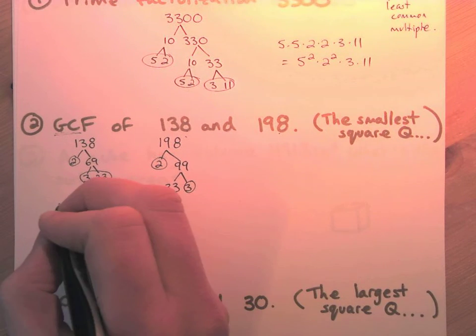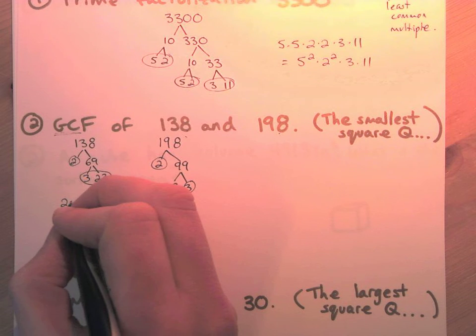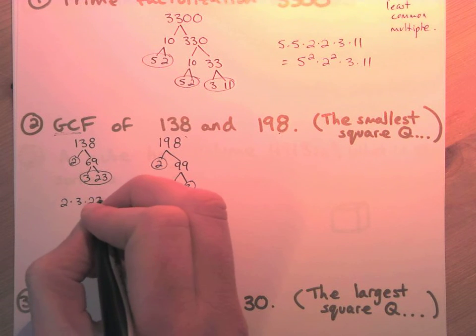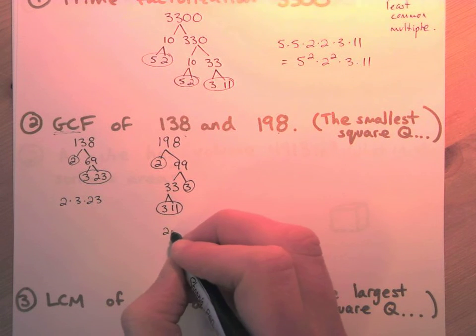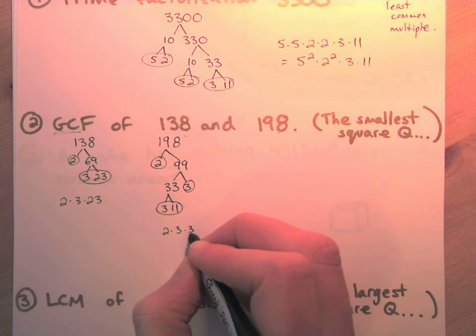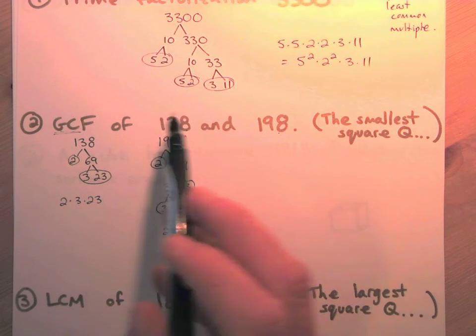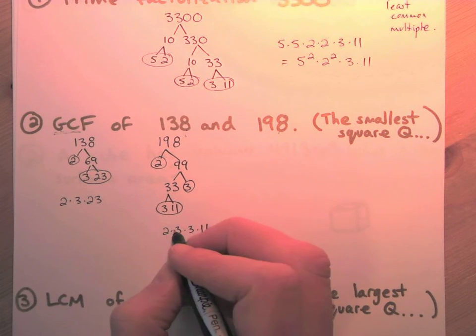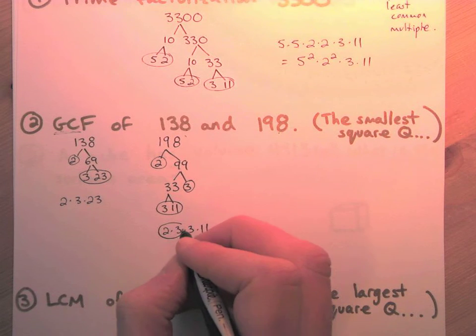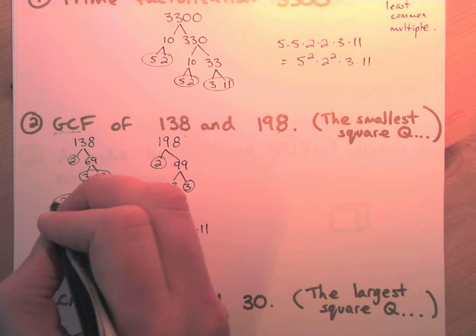Okay, so overall we have 2 times 3 times 23, and here we have 2 times 3 times 3 times 11. Your goal here for the GCF is to see which sets share the same numbers. Here we have a 2 and a 3, and here we have a 2 and a 3.